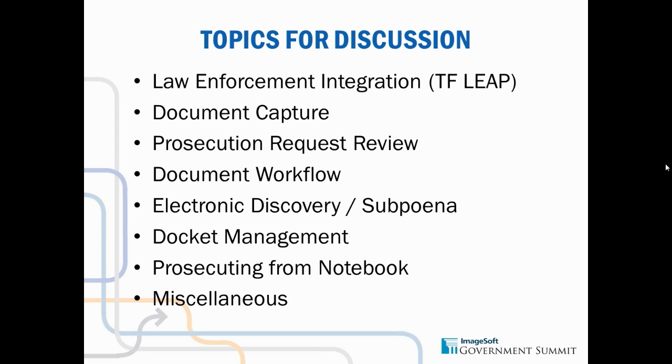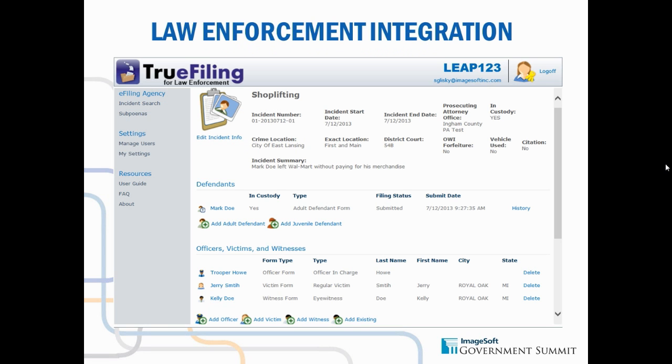So what we're going to do is have Kelly give us a brief overview on how she uses True Filing LEAP. Our process, we still do paper. We're not a paperless department, and we only do paper on cases that are open. So officers and the sergeants work together in putting together a report jacket on open cases or cases with suspects.